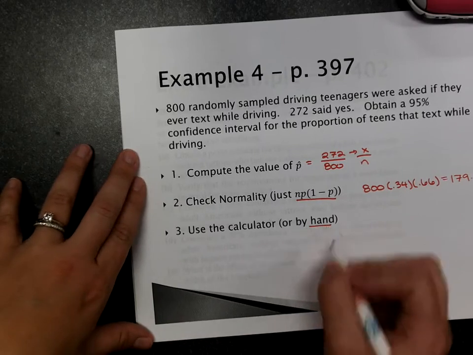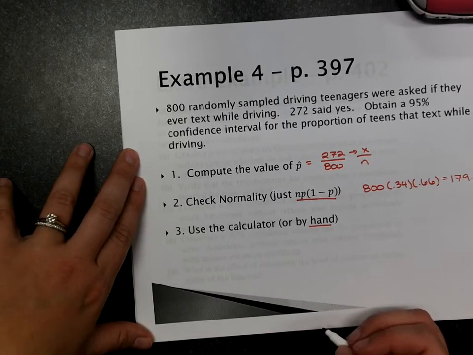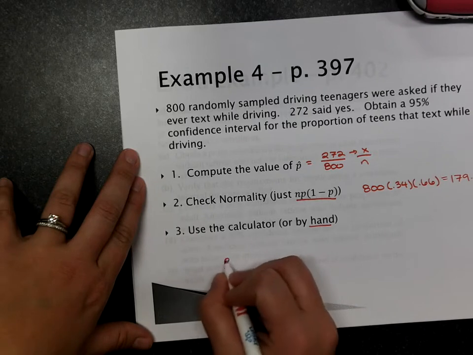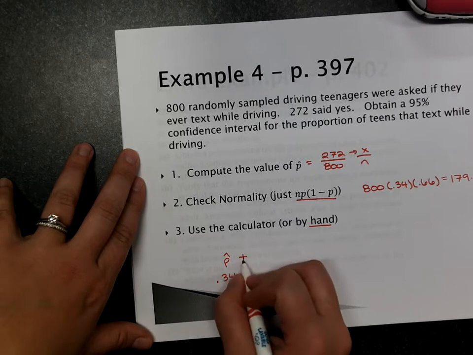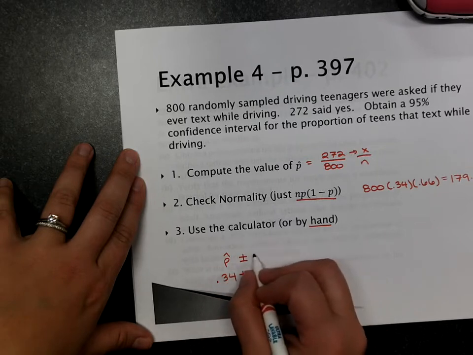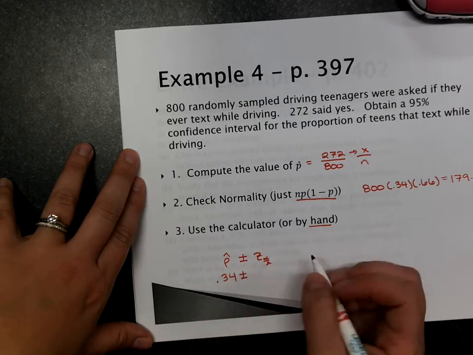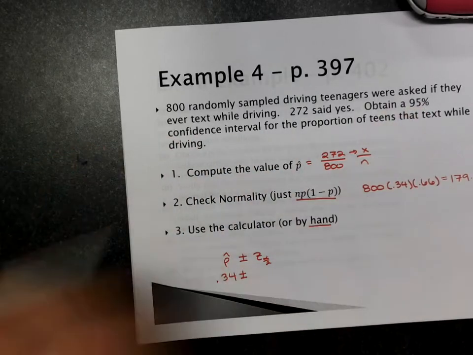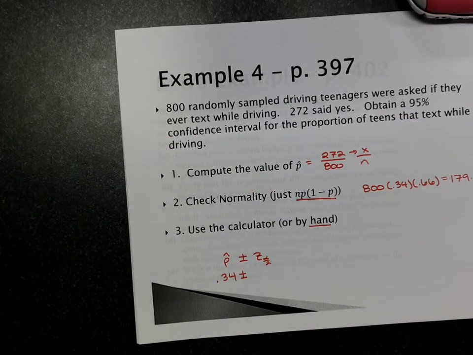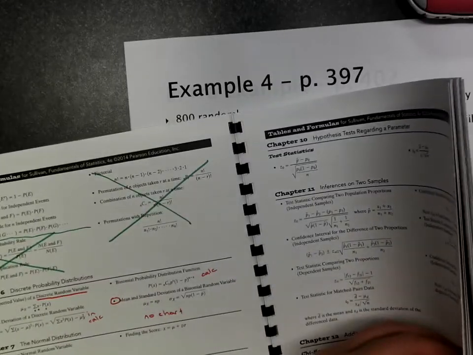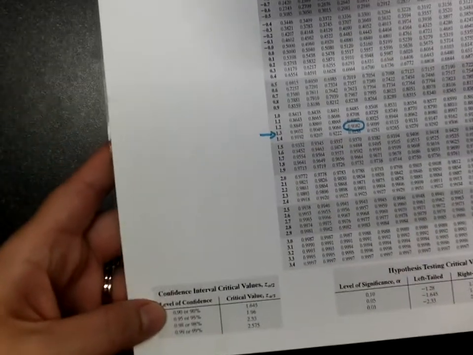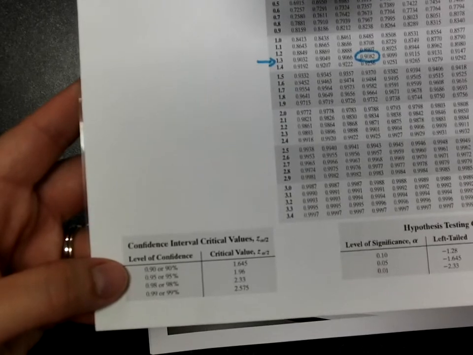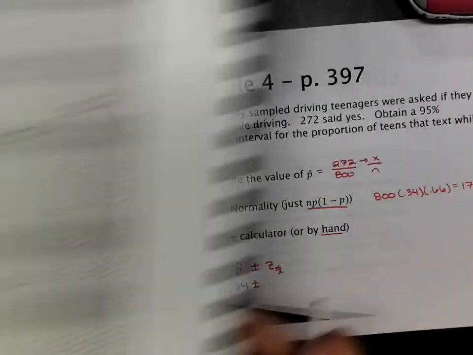I'm going to set it up by hand, and then I will show you how to put it all in the calculator. So we start with the point estimate, which for this situation was 0.34, plus or minus the critical value, z of alpha over 2, which for 95%, we can look in our chart. Back on that last page 14 of the file, at the very bottom, we look up 95%, and it's 1.96 is the critical value.